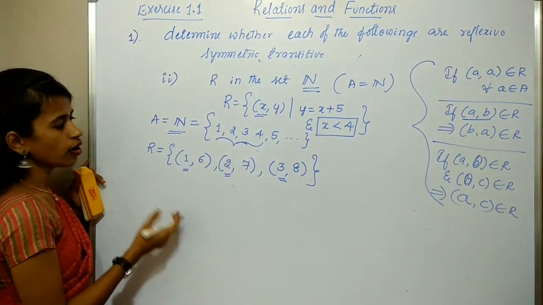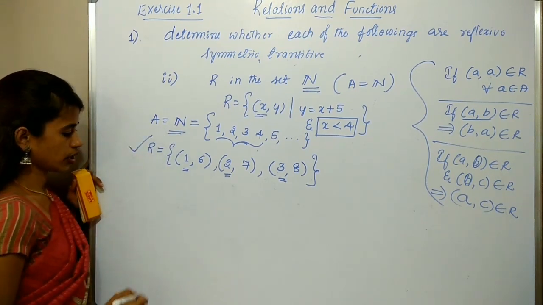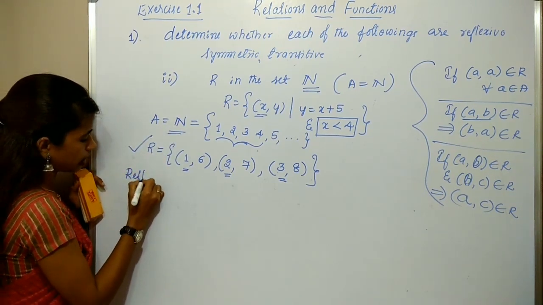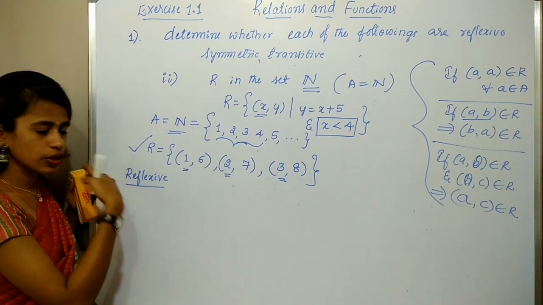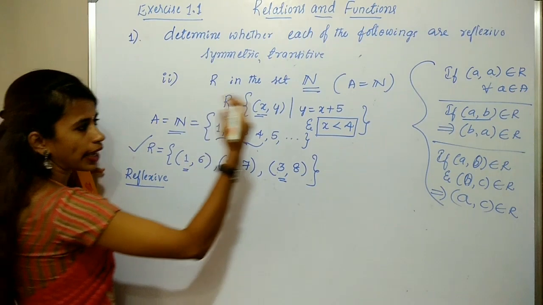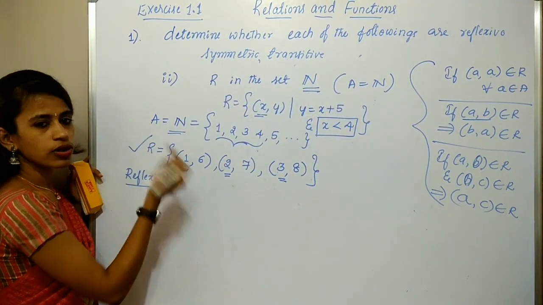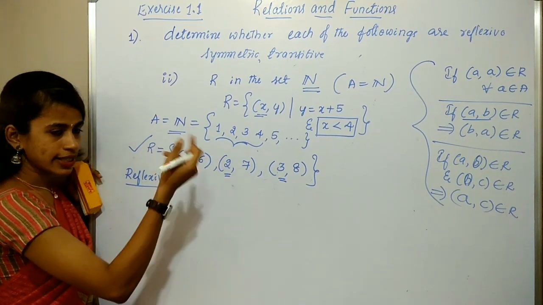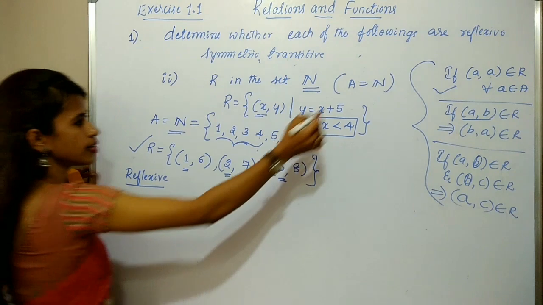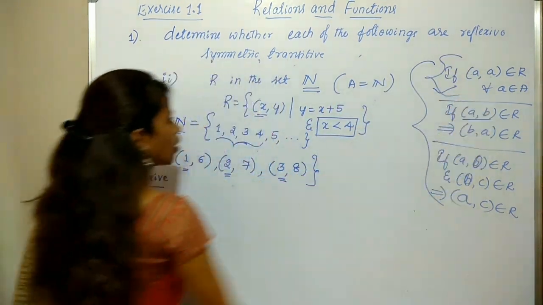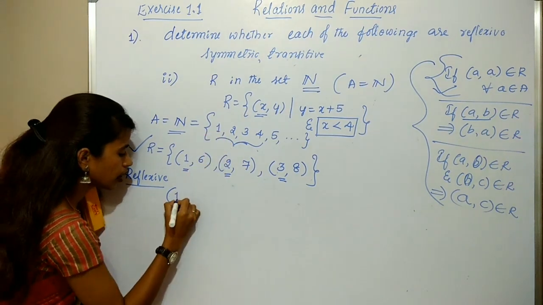Now check for reflexivity, symmetry and transitivity for this relation. First, whether it is reflexive or not. For a relation to be reflexive, take any element of A; its ordered pair with itself must be in R. That is the reflexive definition, please note that. I am taking 1.